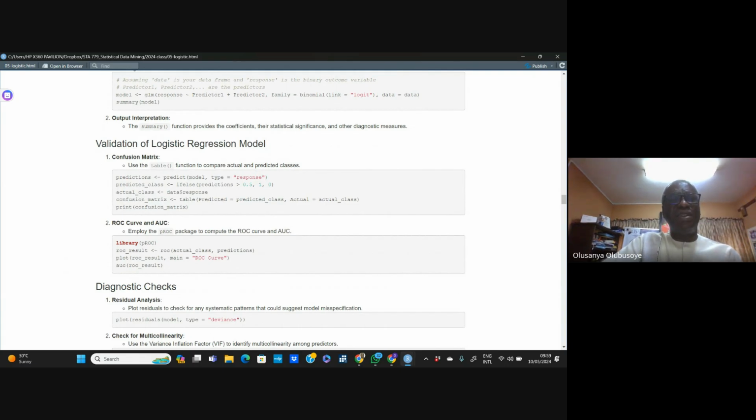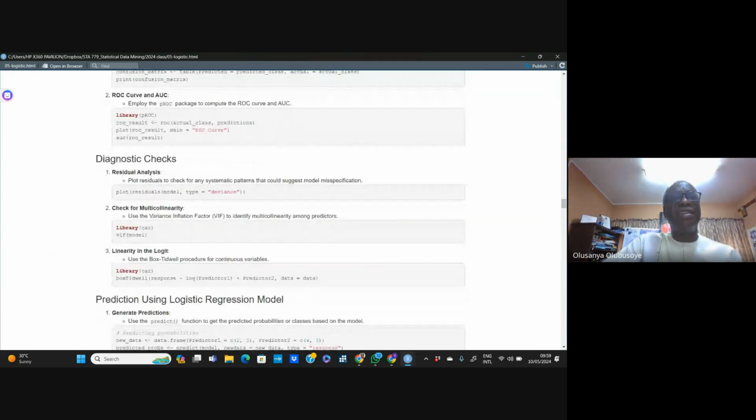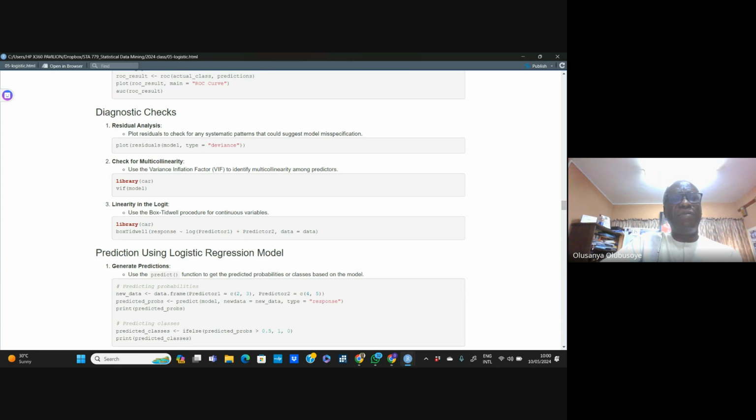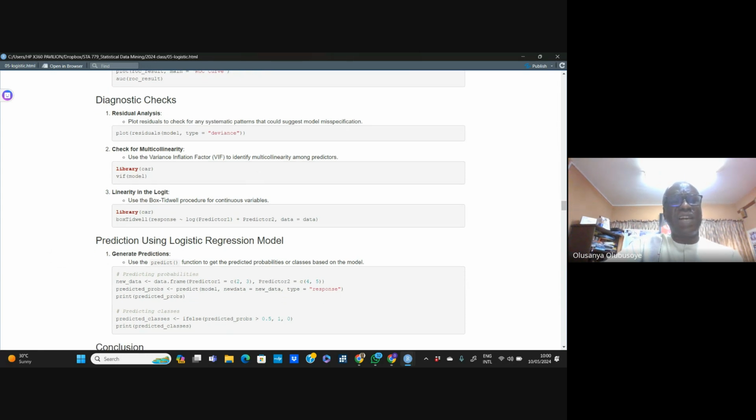The confusion matrix will give you the true positives, false positives, and all of that. Then you can get the ROC curve and the AUC. Then you do your diagnostics to check residuals and check for multicollinearity. So the codes are there.